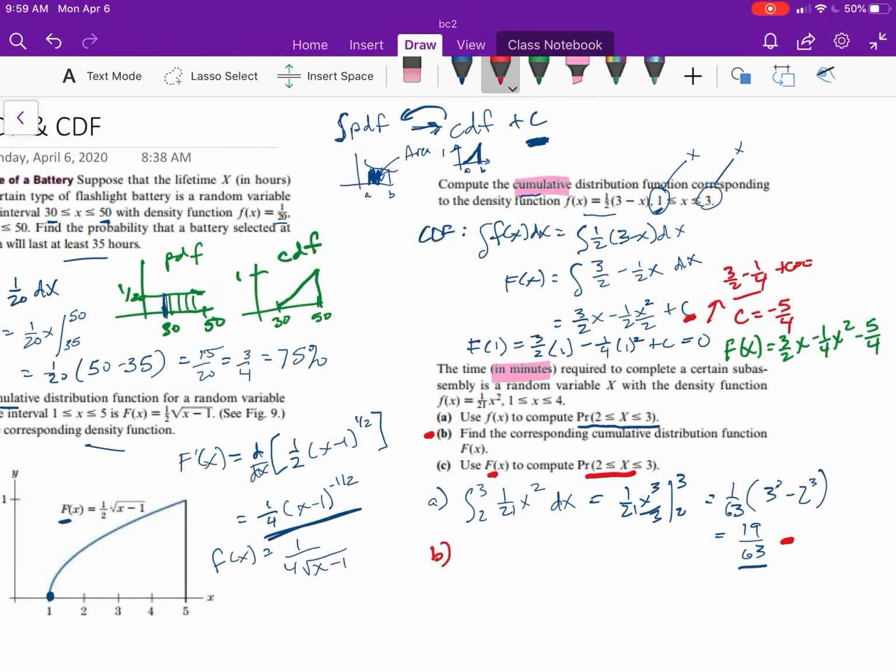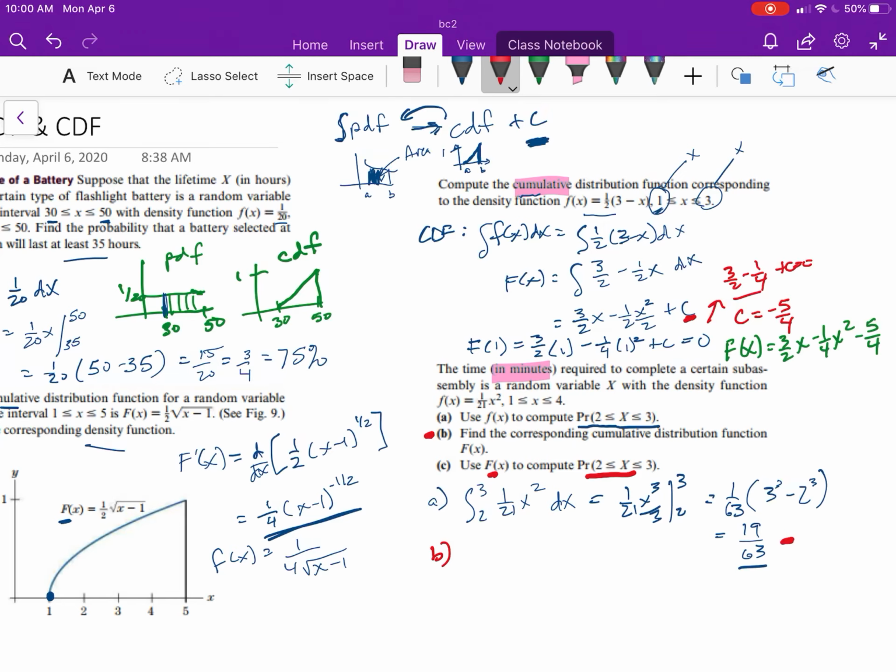Ultimately, why I wanted to review this example is to show you that when we are integrating the probability density function, we're technically finding the cumulative distribution function without really stating that's what we did.